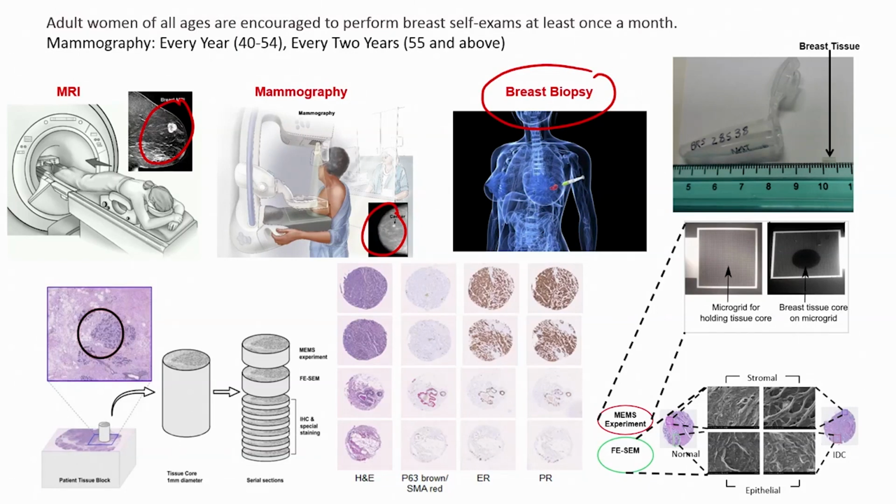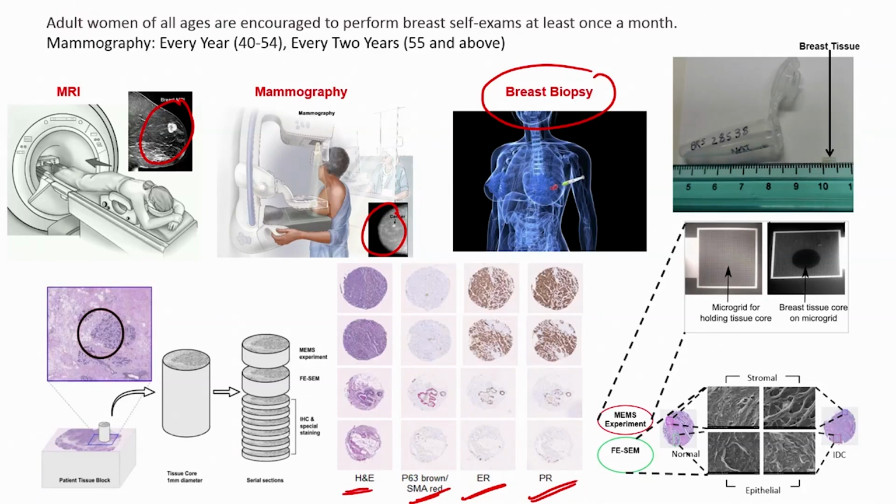Once the tissue is out, it is sent to the path lab where they look for different markers: HNE, P63, estrogen, progesterone, and there is also a marker called HER. Using these biomarkers, the final diagnosis would be that a patient is having cancer or the patient is not having cancer.